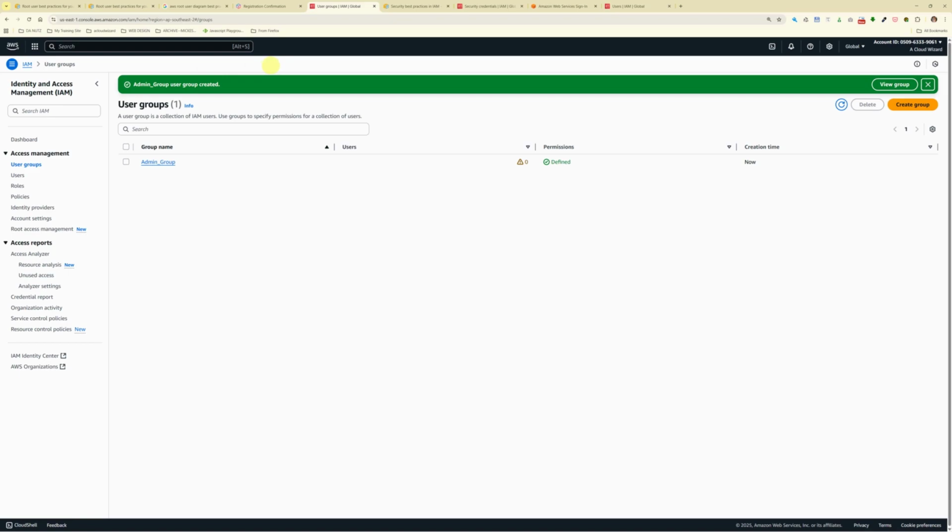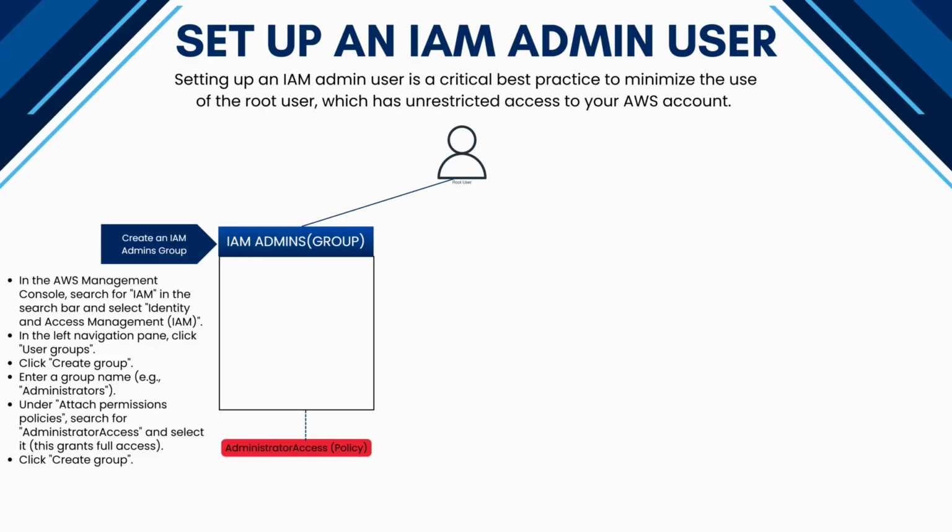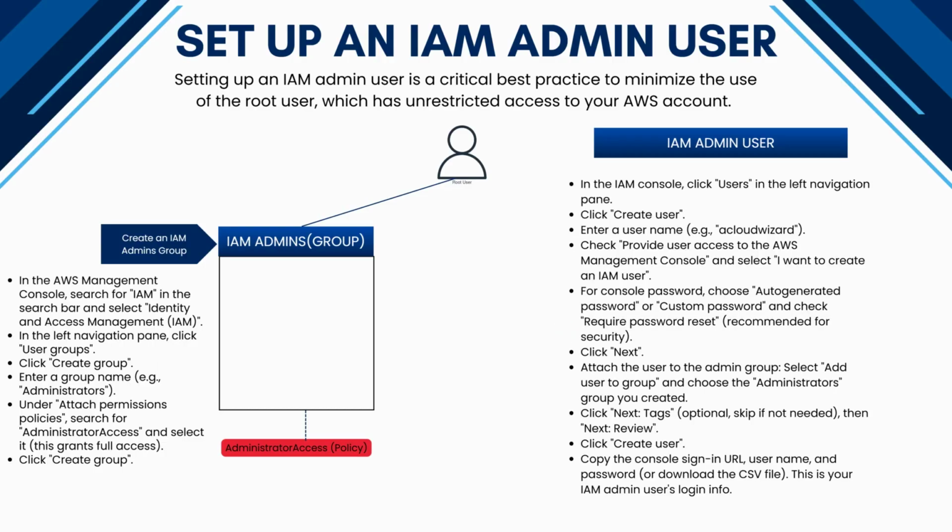Now let's jump back to our other screen where we were going through the procedure. And we're going to follow this procedure underneath here, IAM admin user. Quickly read through it. In the console, which we are in, we're going to click users, create user, give it a name, and it will come up with some questions about whether you want console access or programmatic access.